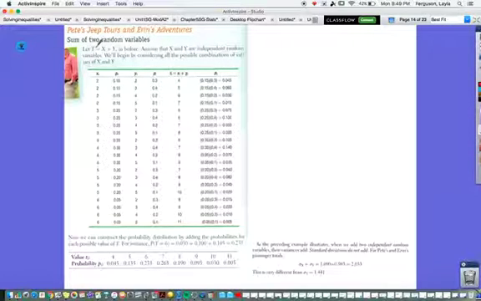So we're going to let T equals X plus Y as before and assume that X and Y are independent random variables. We'll begin by considering all the possible combinations of the values X and Y. So then we have this table, and our X's are possible passengers for Pete's Jeep Tour, and the Y's are possible passengers for Erin's Adventures, and the P is the probability that goes along with those.